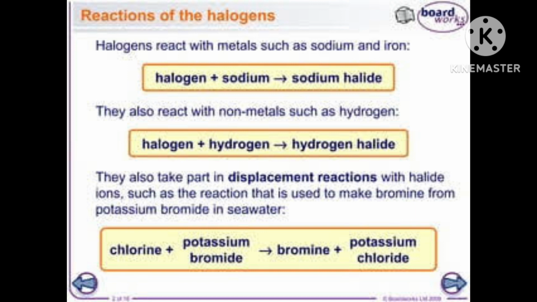Then the electropositive and electronegative will combine and form a molecule. This is the reason why halogens react among themselves.